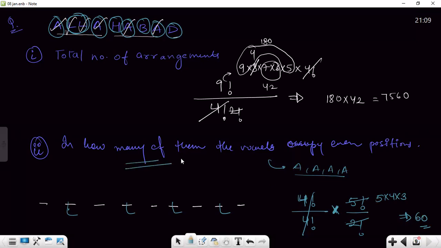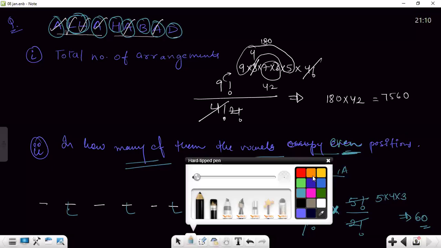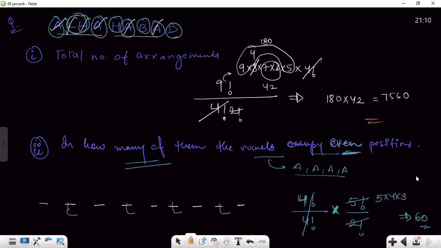So these are the number of cases when vowels occupy even positions. Is that clear, everyone? Yes, sir.